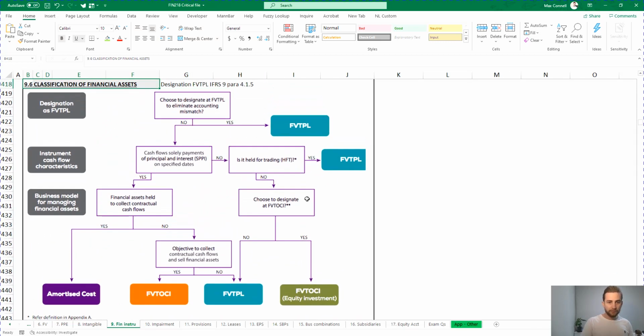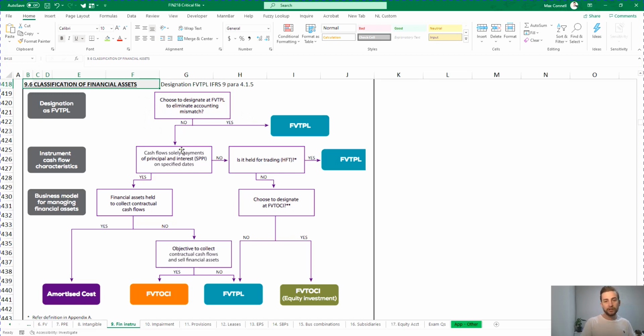So there's really 2 key tests, and identifying this correctly and explaining your reasoning is how you're going to get your 4 marks. So number 1 is the financial asset. Number 2 is the 2 key tests. First, do we choose to designate at fair value through P&L to avoid an accounting mismatch?